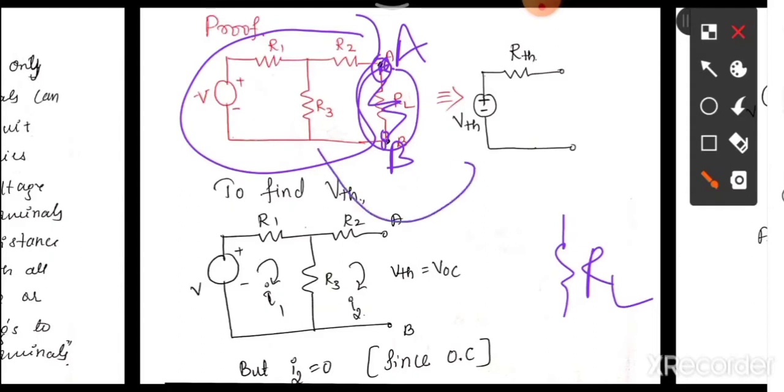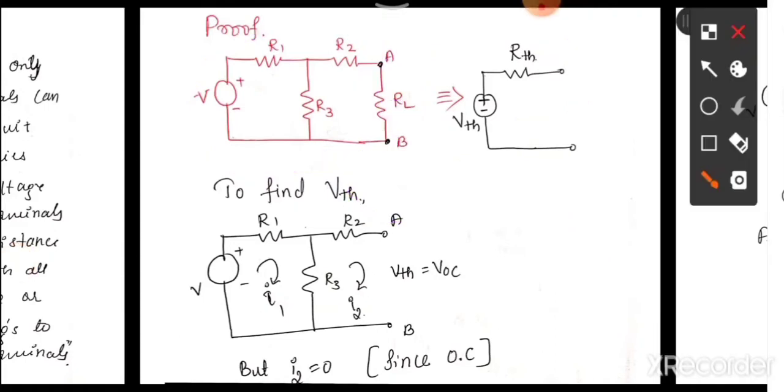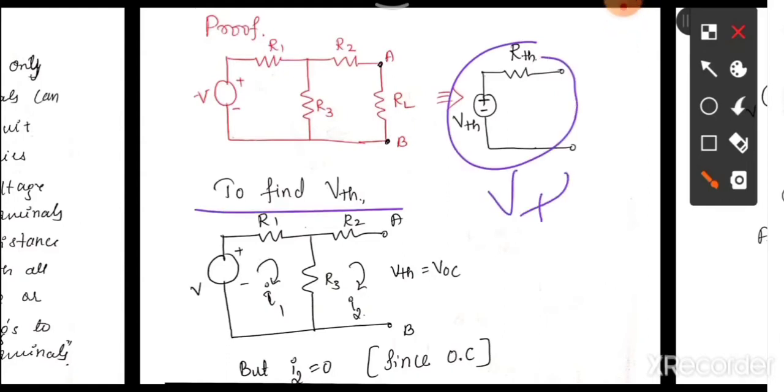That circuit can be replaced by a very simple network which consists of a voltage source and an internal resistance in series between those two terminals, and after that we replace this RL. Now, to get this circuit, first we have to find VTH and then we have to find RTH.